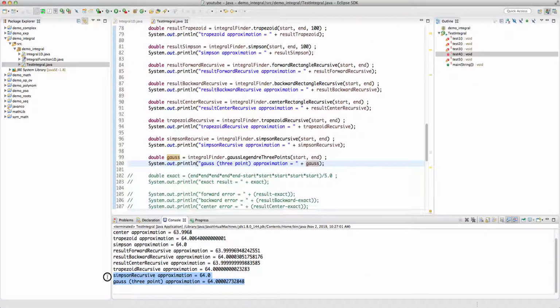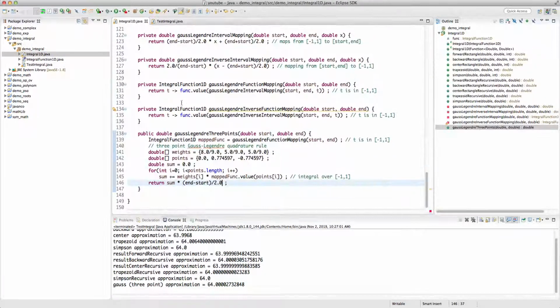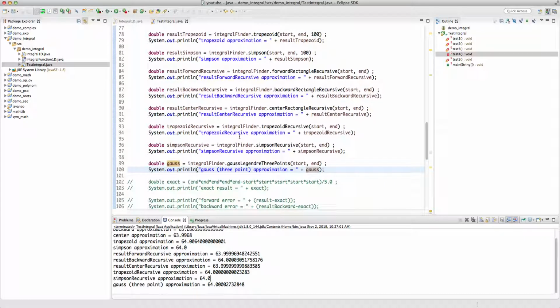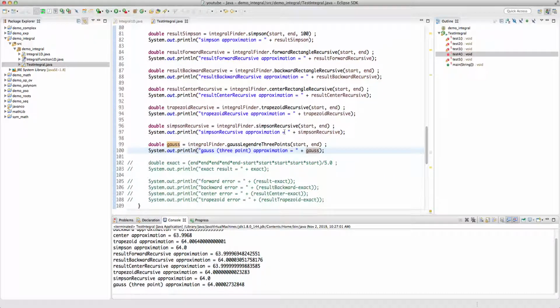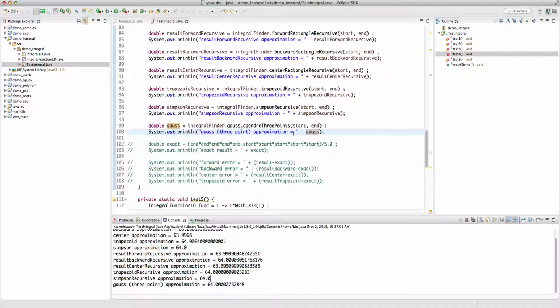Yeah, and the thing here is that we didn't do much. It's extremely simple, only 3 points, and we're getting almost exact result, and it should be, because the 3-point is supposed to be accurate up to polynomials of degree 5, right, to 2n minus 1.